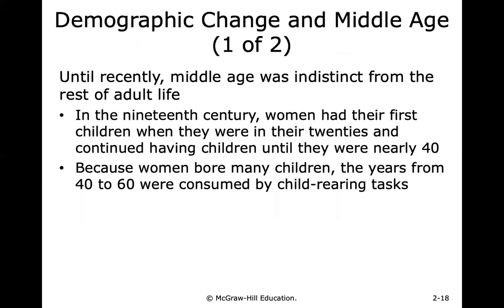Okay, and then a demographic change in middle age, where for a period of time there was no distinction. In the 19th century, many women had their first children when they were in their 20s. And they continued to have their children until they were about 40, which then put them into child rearing and taking care of the child up until they were about 40 to 60 years old.